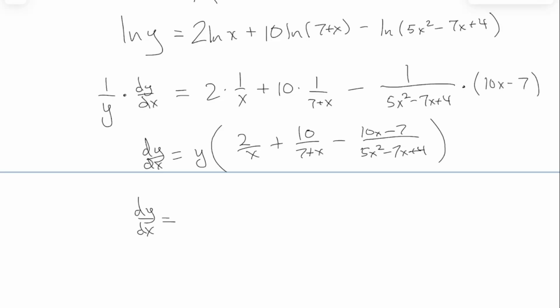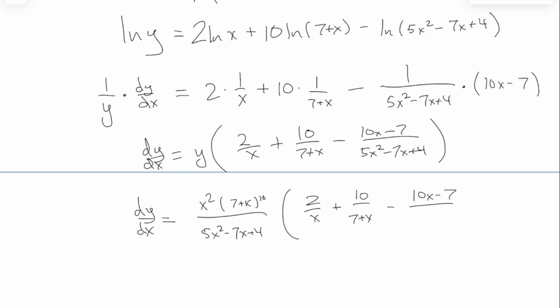So this y is x squared times 7 plus x to the 10, divided by 5x squared minus 7x plus 4, times the rest of it: 2 over x plus 10 over 7 plus x minus 10x minus 7 over the quadratic. You get the idea. And this is my final answer.